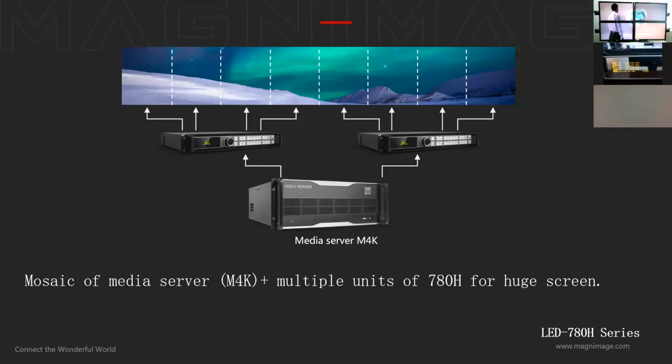Some of you are doing big show events like this one. It allows you to put 8 outputs with 1 media server here, 2 4K outputs to connect to 2 units of 780 for a huge screen like that.